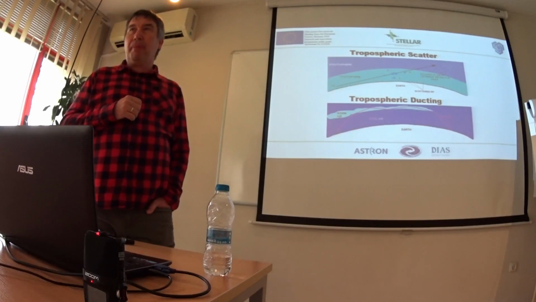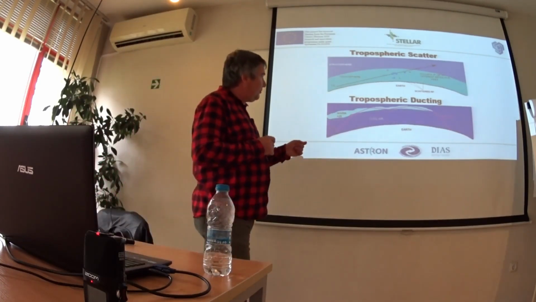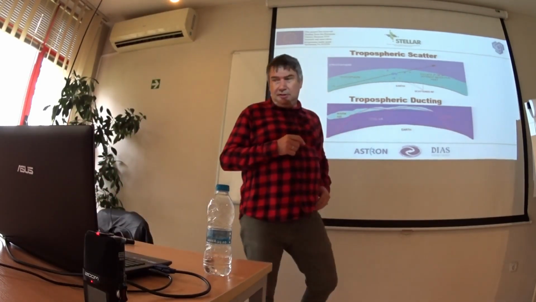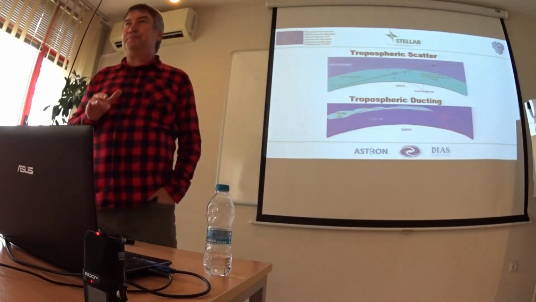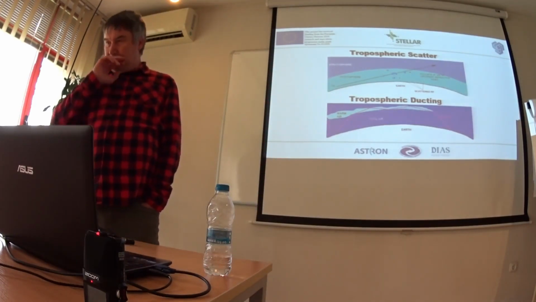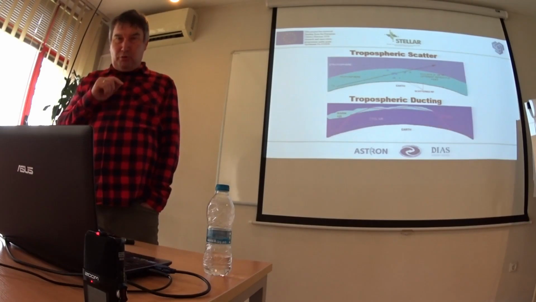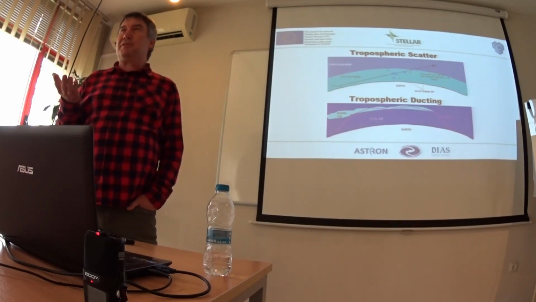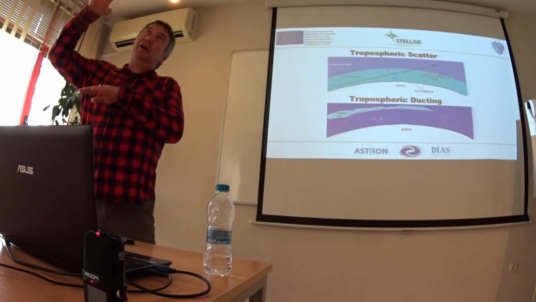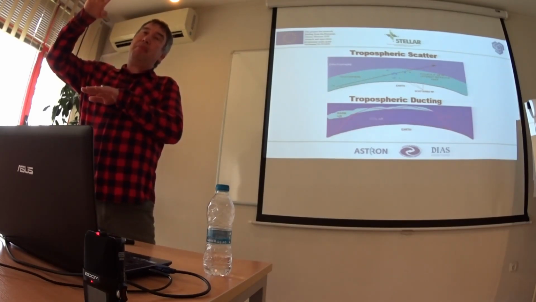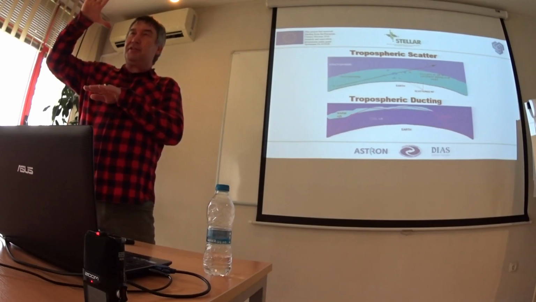This happens, and also we have such tropospheric ducting over the sea. That is very interesting also in summertime, because of the high temperatures. The humidity in the air over the sea is very high.